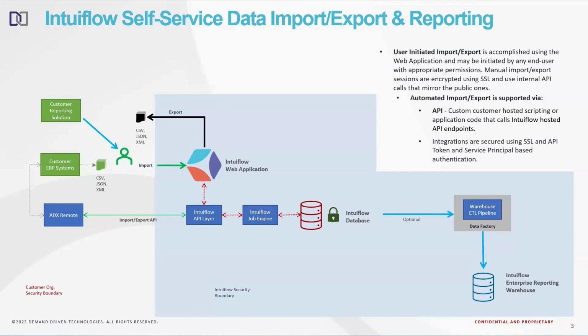They will take CSVs from their system or JSON files, and using whatever middleware they're using, push that into Intuiflow. Of course, you're going to accept some orders and make some changes, and then that gets pushed back on a schedule. But it's all managed by the client IT.